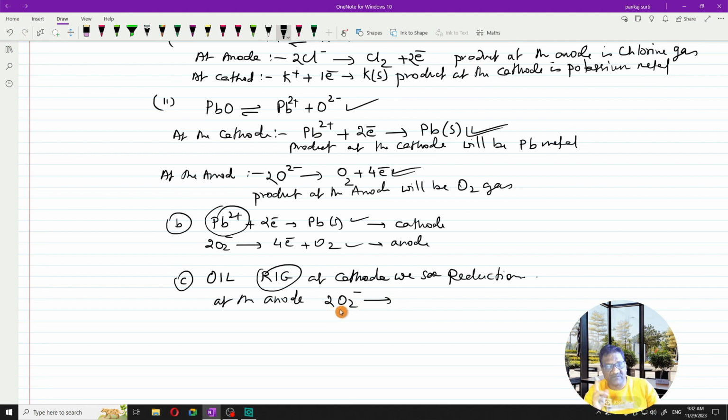One oxygen atom will be having 2 electrons, two oxygen atoms will be having 4, so it will be giving away 4 electrons to get converted to O2. So the answer for this C part of the question is, at the cathode reduction is taking place, and at the anode, because this oxide ion is losing electrons, and loss of electron is nothing but oxidation, at the anode oxidation is seen.